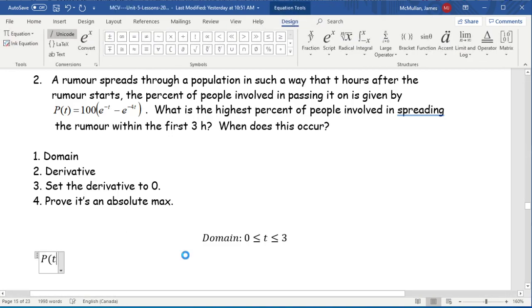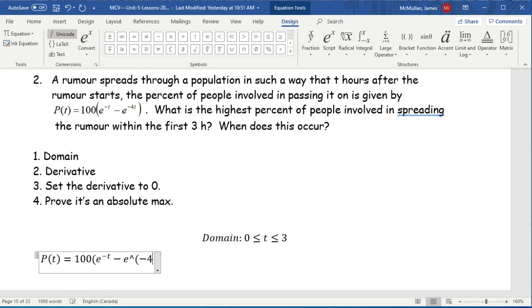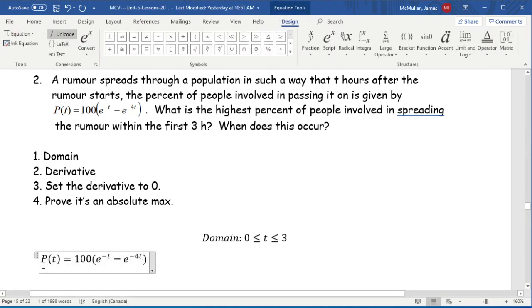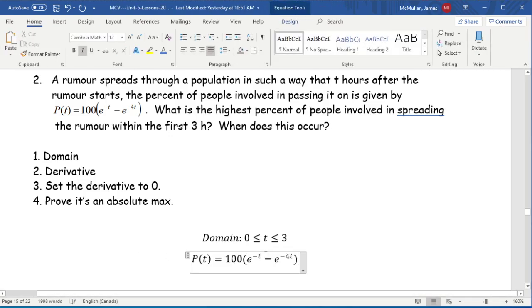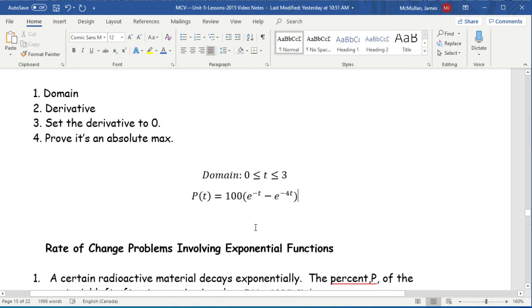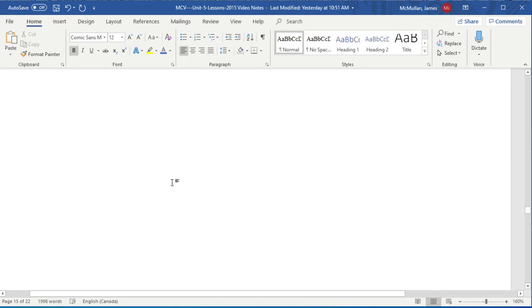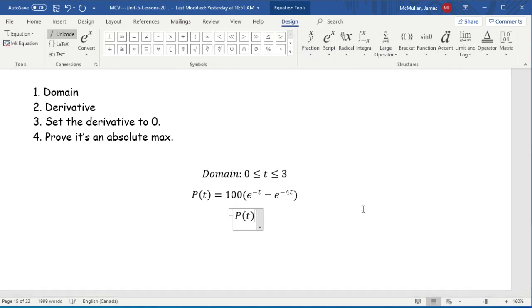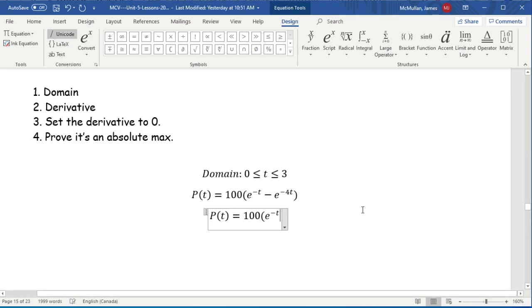Now, the function here is P of t is 100 times the quantity e to the negative t minus e to the negative 4t. Okay, so let's do the derivative. Again, you're free, if you like, to distribute in this question. If that makes it easier for you, then go ahead and do it. I'm going to do it the other way this time. So P of t is equal to 100 and then times this bracket.